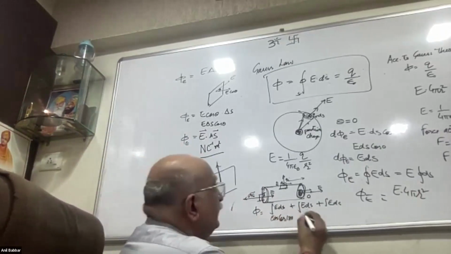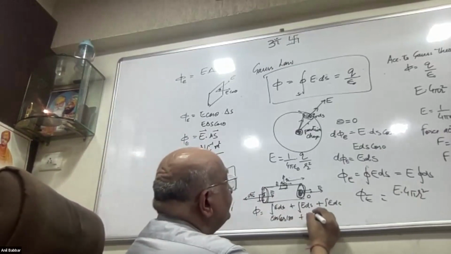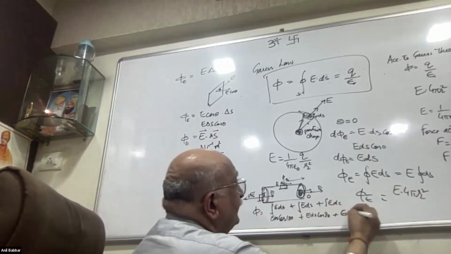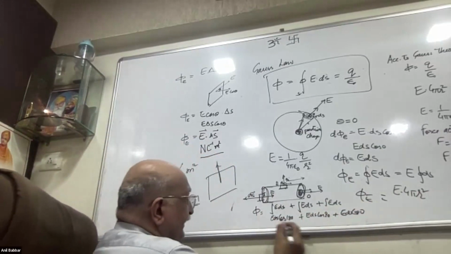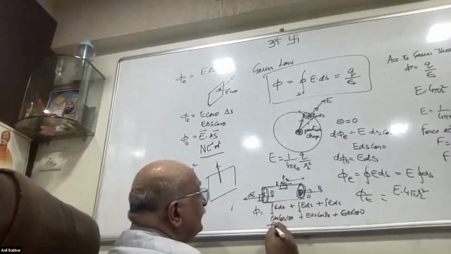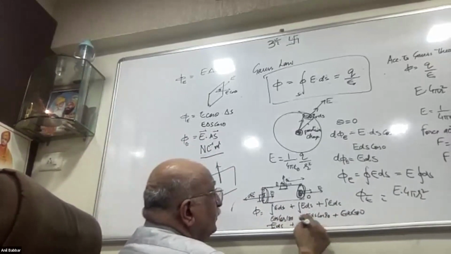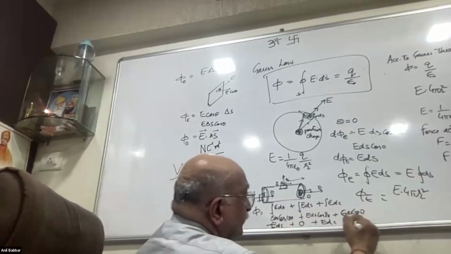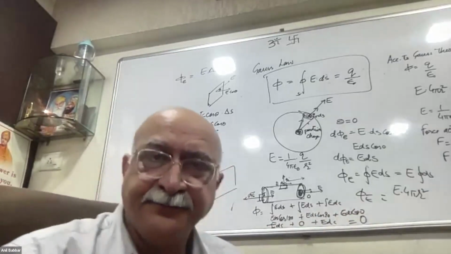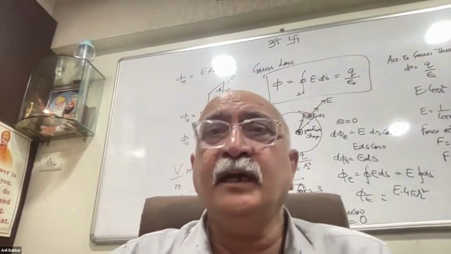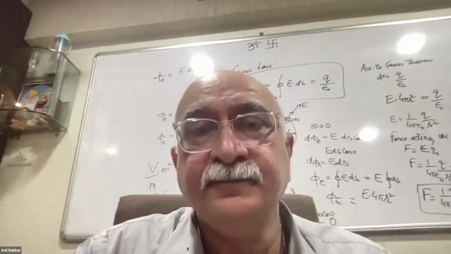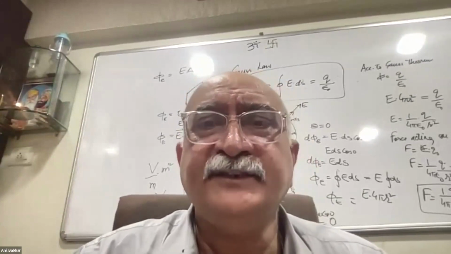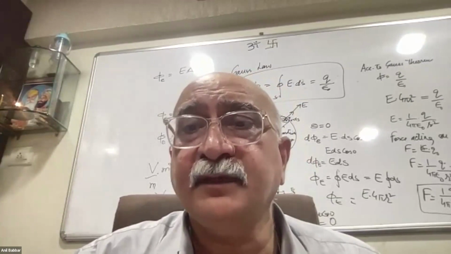Cos 180 is minus 1, so this is minus E dS, plus 0, plus E dS. The two cancel, so the total flux is 0. Hence it is proved that the total flux through a cylinder is 0. Clear?